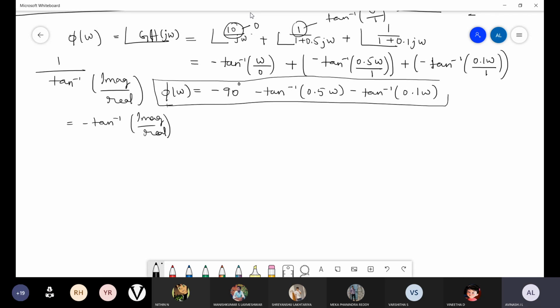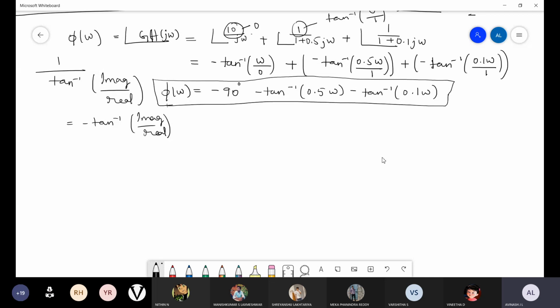Because for all the numericals, we need to calculate up to this stage. Please tell me. Is it clear? Yes, sir.